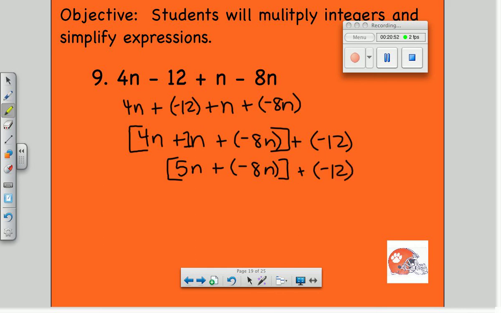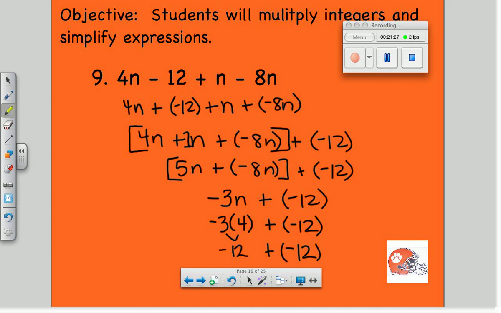5 plus negative 8. What do I have more of? I have more negatives. So I know my result's going to be negative. Right? 8 minus 5 is 3. So negative 3n plus negative 12. Substitute n for 4. Negative 3 times, don't forget the parentheses, 4 plus negative 12. Negative 3 times 4 is negative 12 plus negative 12.